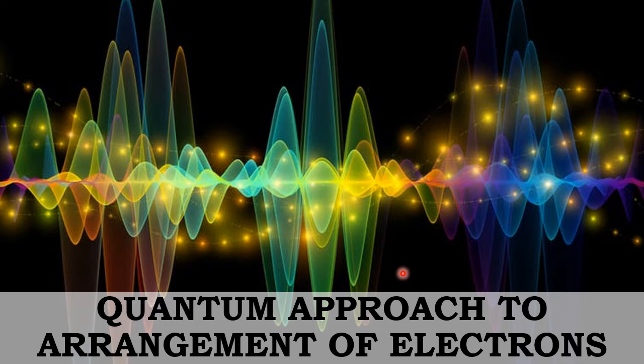Keep this point in mind so that you will understand how electrons are arranged in different shells, and that is known as the quantum approach to arrangement of electrons. So we are filling electrons depending upon quantum mechanics. That's why it is called the quantum approach.